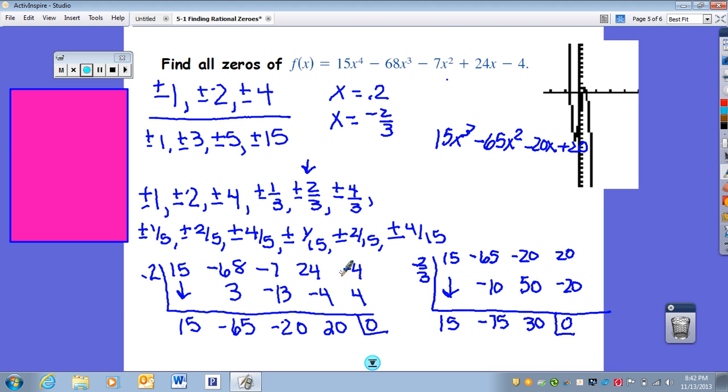So when we rewrite this particular remainder, we have 15x squared minus 75x plus 30. Now we can take a look to see if that can be factored, or we can use the quadratic formula. Since it can't be factored easily, we will use the quadratic formula to finish solving.